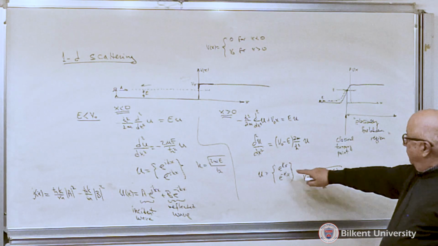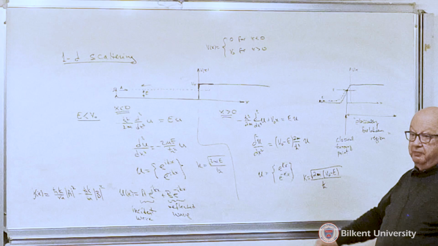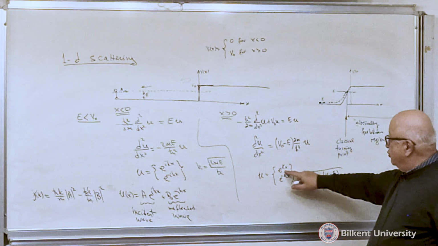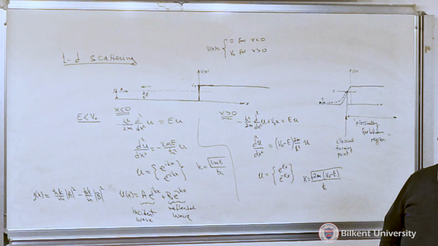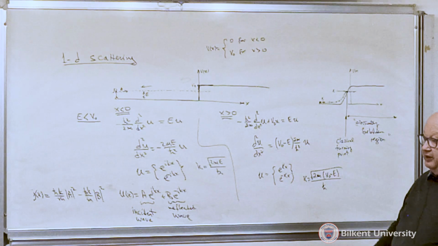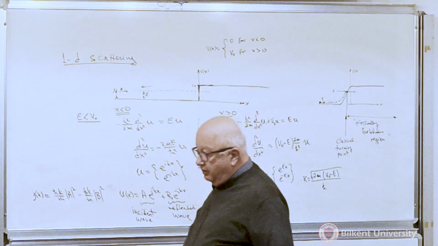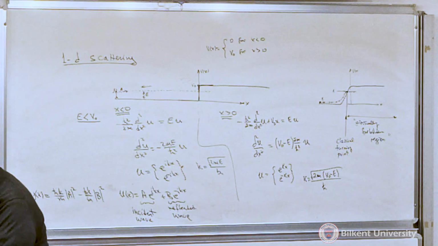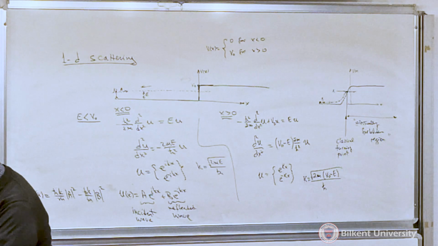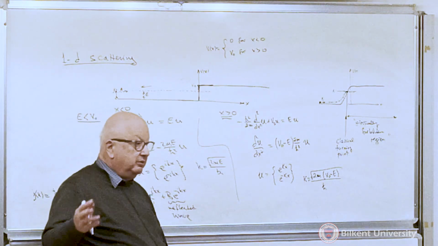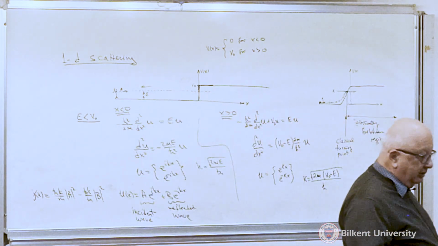Now, looking at the form of these functions, you see e to the plus kx. If I include that as a solution, that's going to go to infinity. So I'm going to get a wave function which is not normalizable.